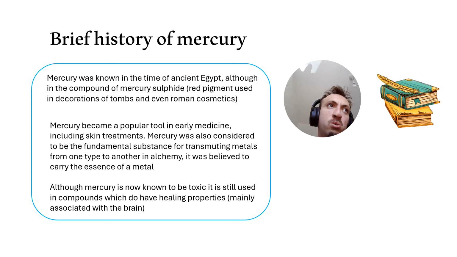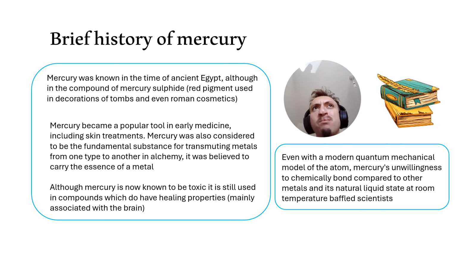So Schrodinger's equation does go a long way in certain respects to explaining the properties of mercury, but it really didn't explain very well why mercury was a liquid at room temperature. It particularly struggled to describe why mercury remained a liquid until fairly significantly below 0 degrees Celsius.